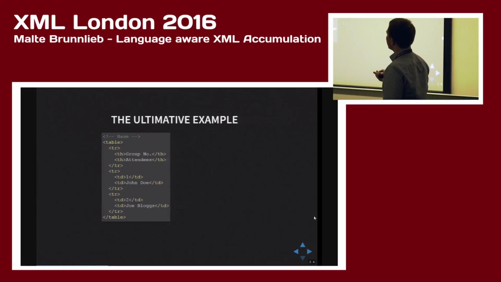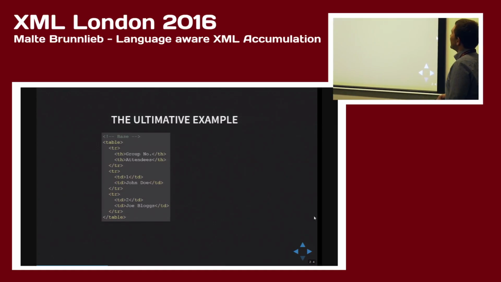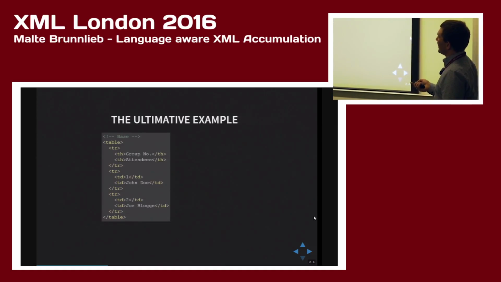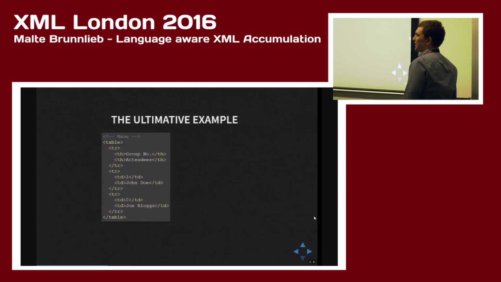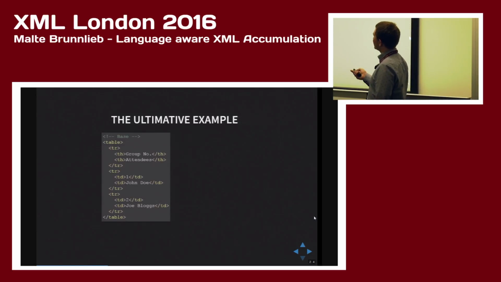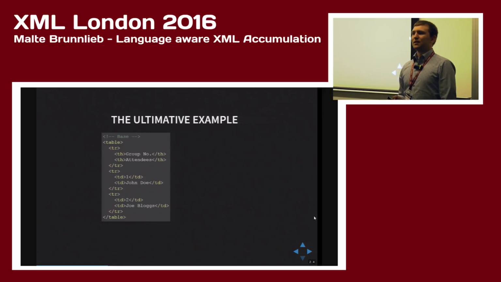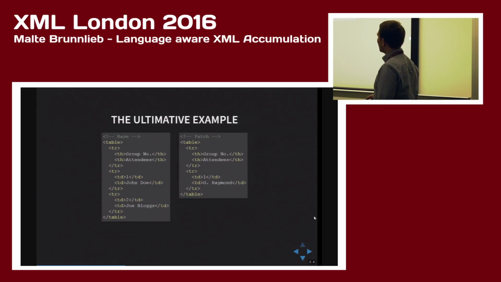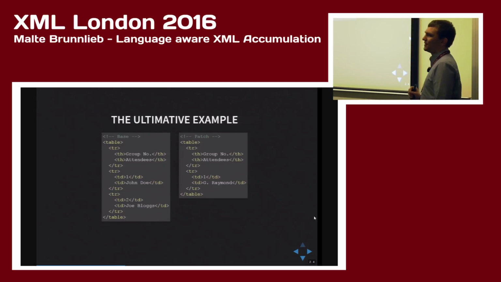Here we have, for example, an XHTML document, a table of groups and their attendees. Currently, in each group, 1 and 2, we have one attendee, and we want to add a new attendee to the first group.